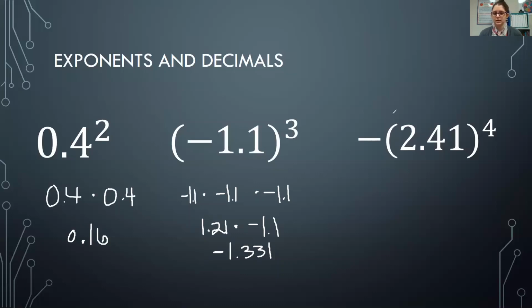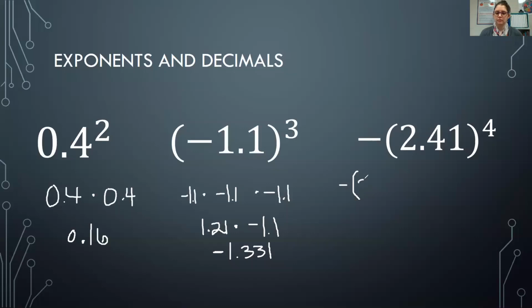And for our final example, we have negative 2.41 to the fourth power. Okay, the 4 is my exponent, but the negative is outside of the parentheses. That means it's not part of my base.